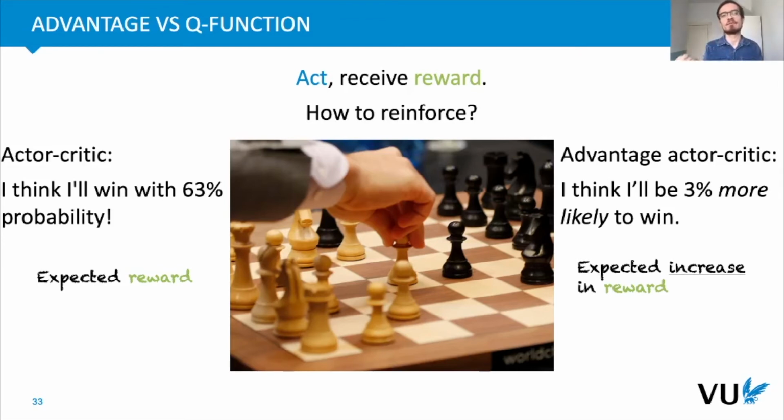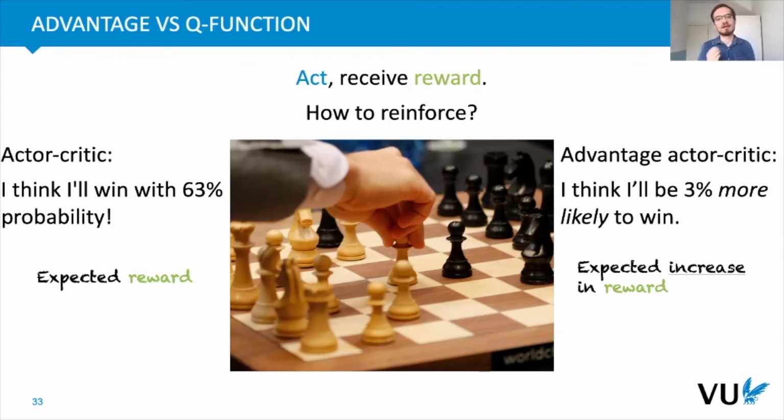But if we subtract the value function, which is basically saying, in this state, I expect to get, for example, a 60% probability to win, and the difference between what you expect to get when you take an action and the value you expect to get in the state might be, for example, 3%.